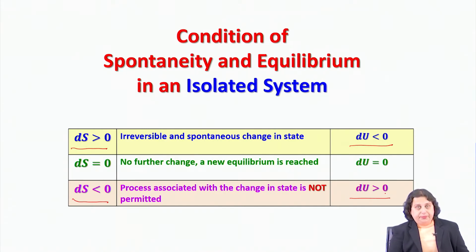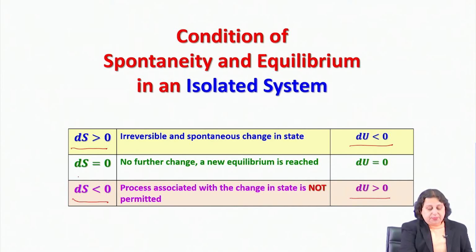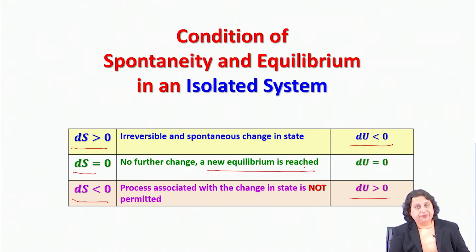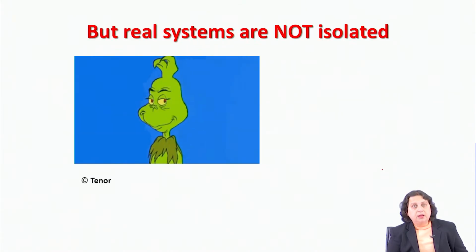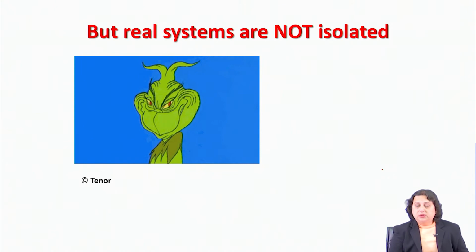But if the system has undergone a spontaneous change in state and reached a maximum value of entropy, then a new equilibrium state is reached. At this new equilibrium state, as entropy has reached a maximum value, the internal energy has reached a minimum value. But of course, real systems are not isolated at all.